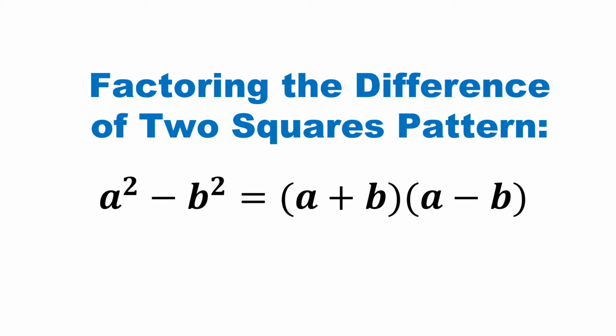Get the square root of those two values, then substitute them in the pattern a plus b times a minus b. And that is the factor of the given binomial with square roots or perfect squares.